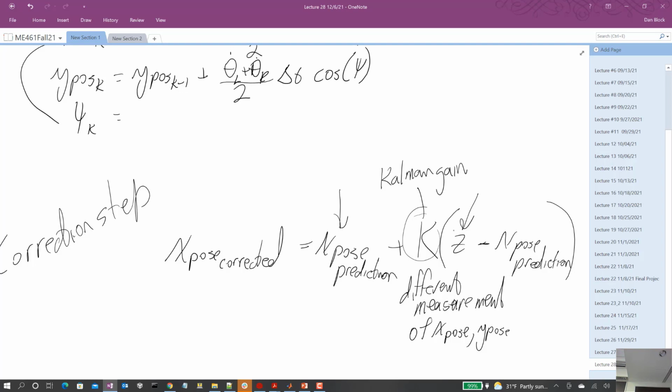The biggest thing with these equations up here is that if the wheels slip or the radius of the wheel is a little off in our model, our prediction is drifting, isn't it? This correction pulls that back in and keeps us on track, because hopefully this other measurement doesn't drift in that sense.